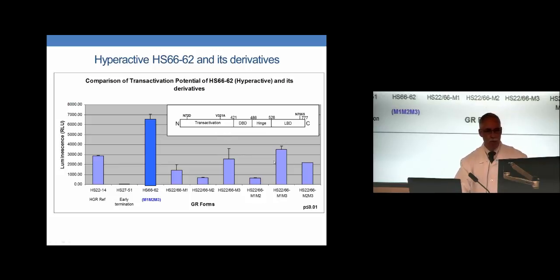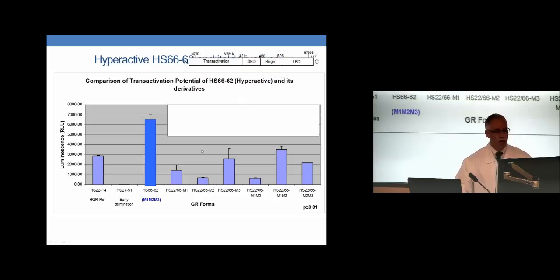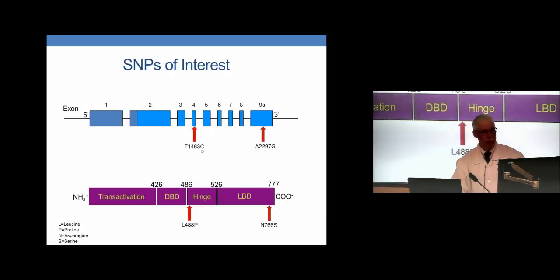Now, there's a guy at the University of Oregon who's shown that he could go back in evolution and show how these mutations led to the origin of the glucocorticoid response. A single mutation or a double mutation may lead to some hyperactivity, but otherwise no. So we did all this, and that was interesting.